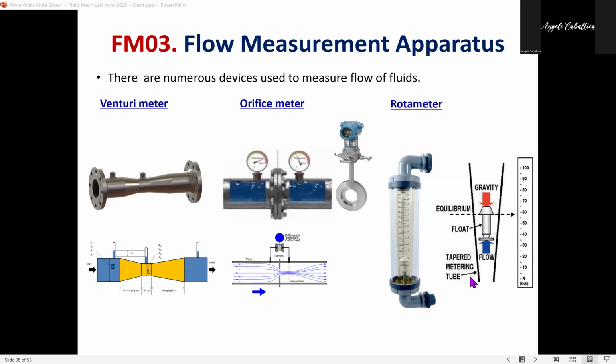So what happens here is that when you increase the flow, this float here, there is a float here. When the flow rate is low, it would stay at the lower level. But when you increase the flow, it would rise to the area where it is wider. And the position of that float determines the flow in the pipe system.